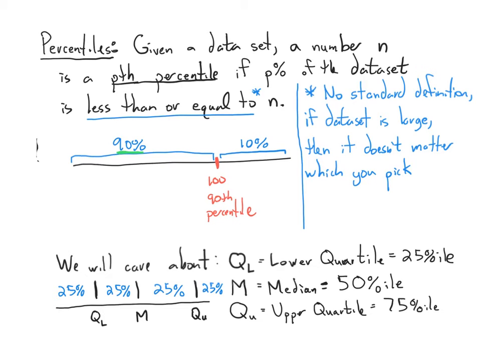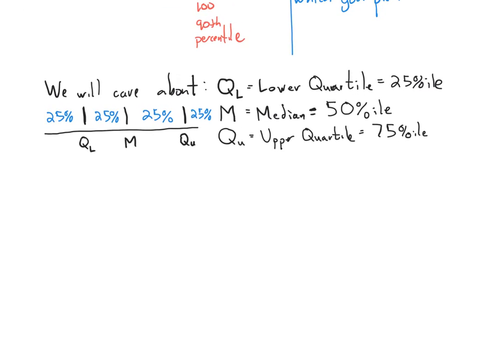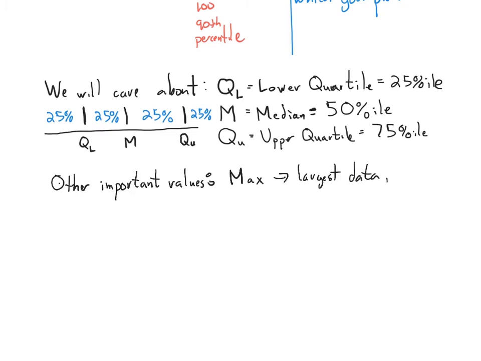One more quick note: there are two other values we're going to care about, and I'm just going to mention them. The other two values we're going to care about in our ordered data set are the maximum, which is the largest data point, and of course the minimum, which is the smallest data point.